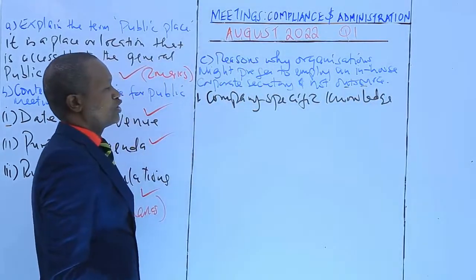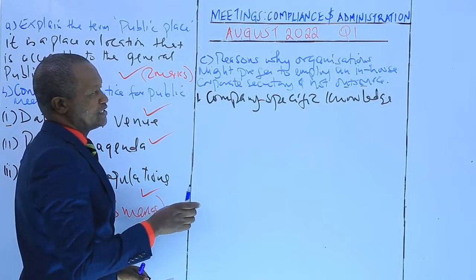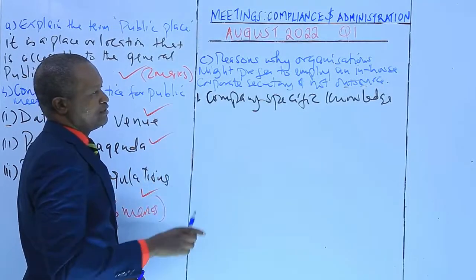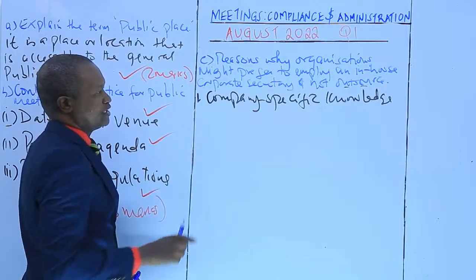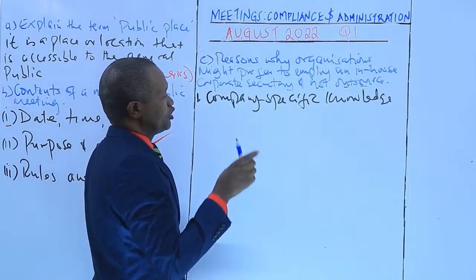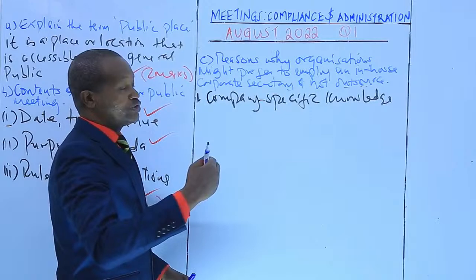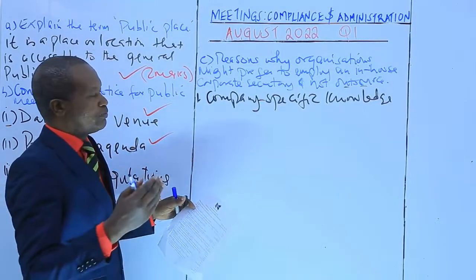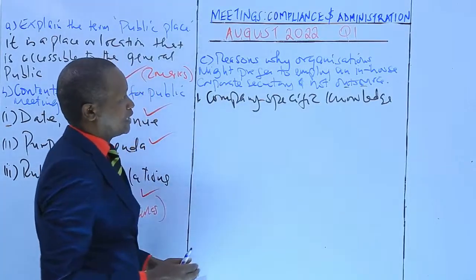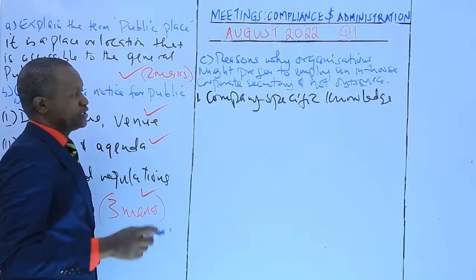When you outsource a corporate secretary, such outsourced corporate secretary may not understand the culture of the company, may not understand the operations of the company. But if you have an in-house corporate secretary, such an in-house corporate secretary will over time develop knowledge, and also understanding of the organization's operations, culture, and even the governance structure. So that is one reason why organizations might prefer to employ an in-house corporate secretary as opposed to outsourcing one.